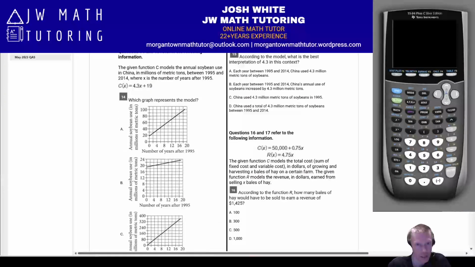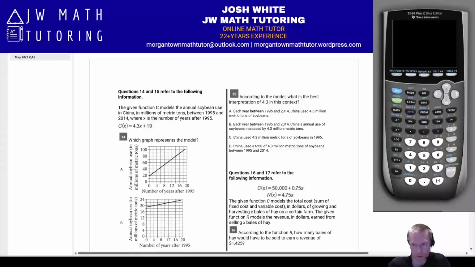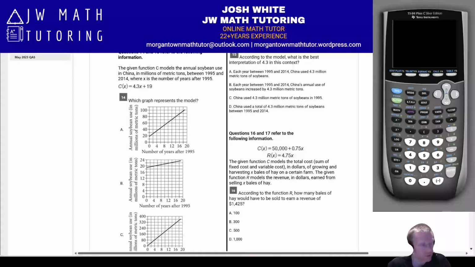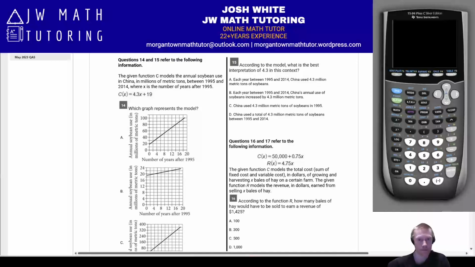All right, moving on now to questions 14 and 15, which deal with this function, this equation that you're given. For problem number 14, they want to know which graph represents this model, which is, again, a linear equation, just like a line. Think about it, y equals 4.3x plus 19.